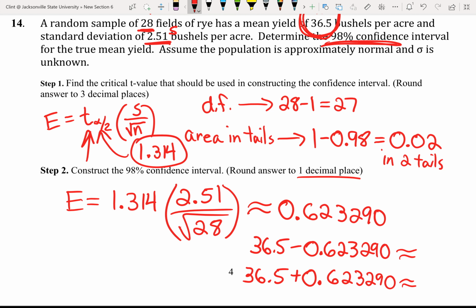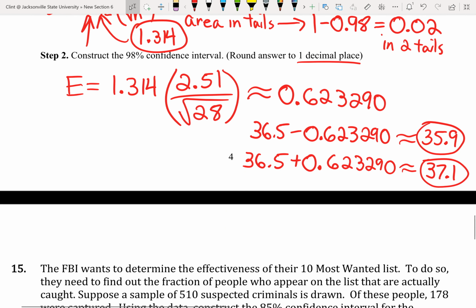Okay, so let's see what we get. 36.5 minus 0.623290 is 35.87, so that will round up to 35.9. And 36.5 plus 0.623290 gives us 37.12, so that stops at 37.1. Those are our 2 endpoints, and you can write it as the interval if you want to.